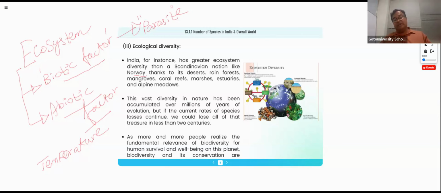Okay, here we are in ecological diversity. In this ecological diversity, we are seeing the entire country is showing diversity because of what? Abiotic factors. Okay, because of the competitors. If I need to survive being a goat here, I need to have long horns.